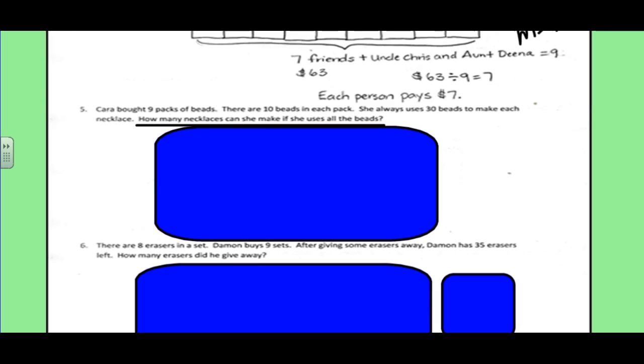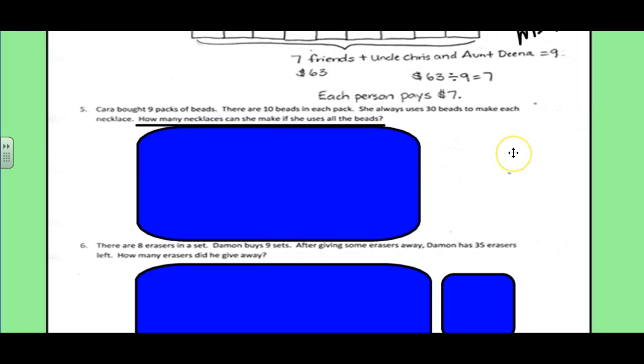So I want you to draw a tape diagram and figure out how many beads she has in all to begin with. I want you to push pause to do that. After you've drawn your tape diagram to figure out how many beads she has in all, then I want you to figure out, if she's using 30 beads for one necklace, how many necklaces can she make?